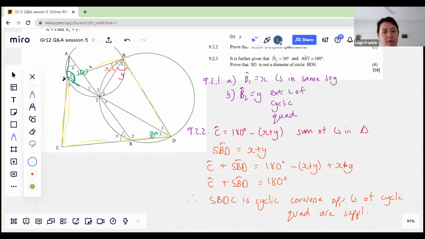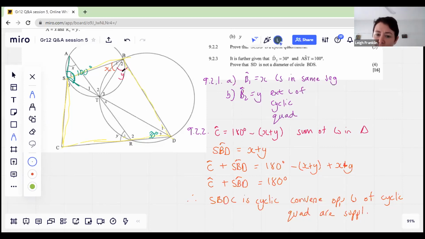So where is SD? SD is over here. We need to show that SD is not a diameter, because then X plus Y cannot be equal to 90. So we need to work out what X plus Y equals, and if it's not 90, we've proved that SD is not a diameter.